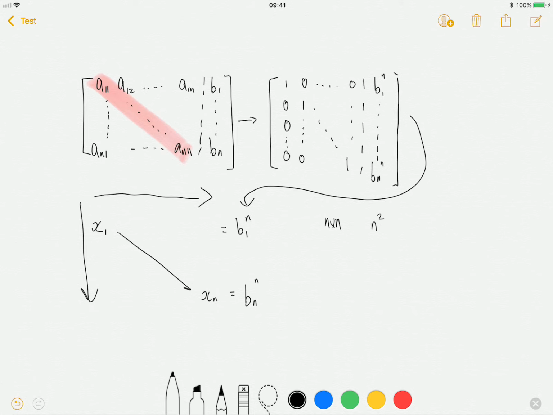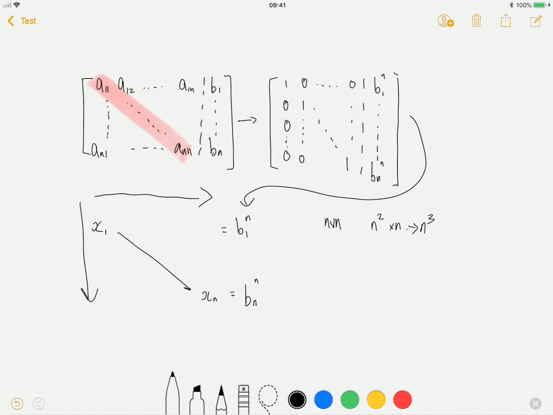But there's a further cost increase through the normalization, which results in order n. So this becomes n cubed operations.